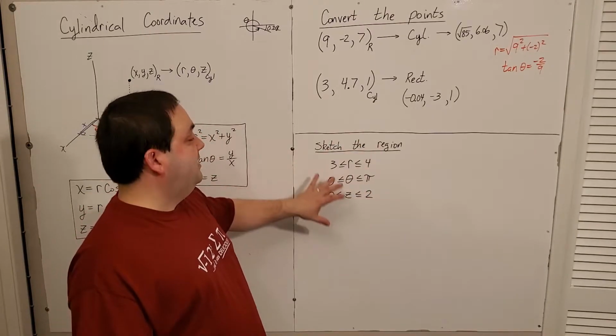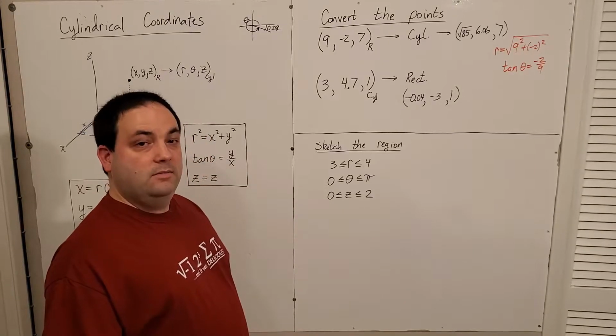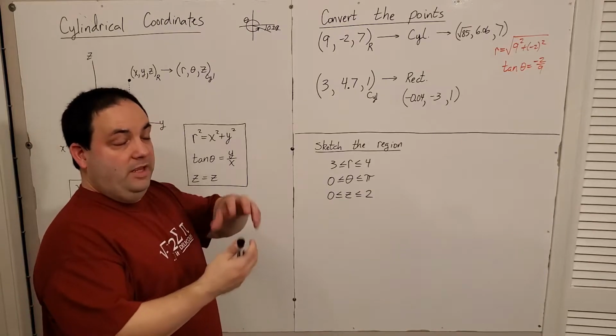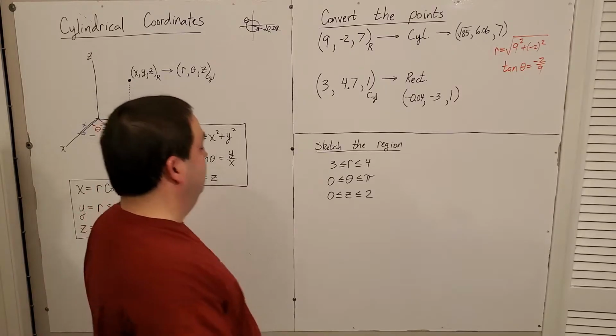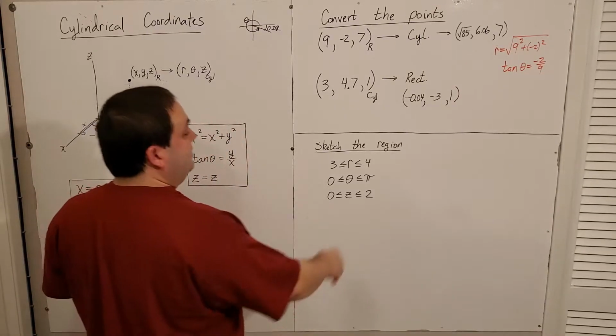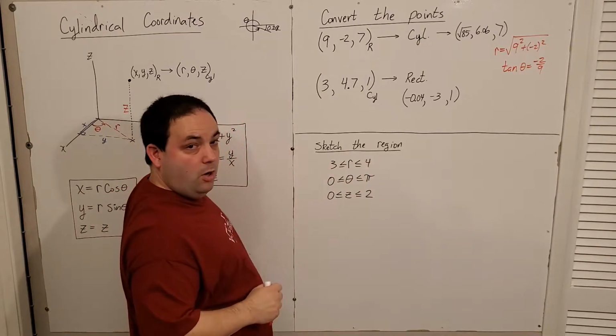Okay, so let's see what kind of regions we typically get when we graph something in cylindrical. Don't say cylinders. It'll be a type of cylinder, but it won't necessarily be the kind that you're thinking of. All right, so first, what I want you to realize is that if r is in between two numbers and neither one of them is 0, right?